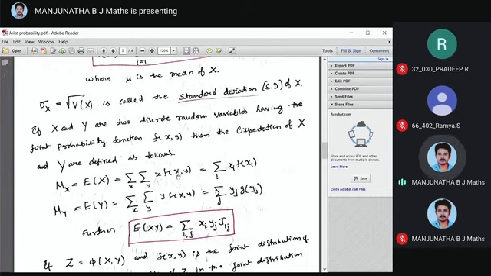That is equal to summation of xi into f of xi. Therefore, if you want expectation of x, just take xi into f of xi, the usual formula.